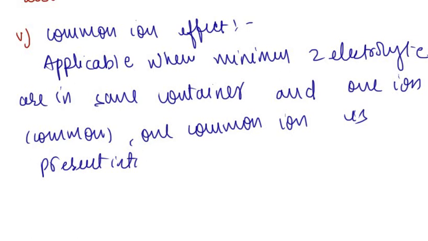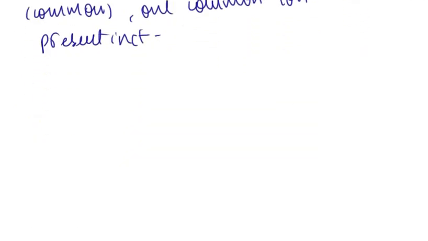Means one common ion should be present in them. Let's take it by example. What is the common ion effect? Let's say we have acetic acid and HCl.